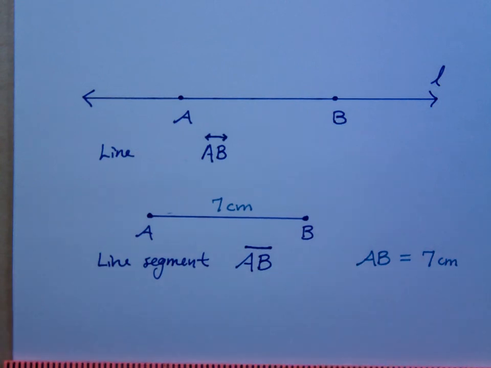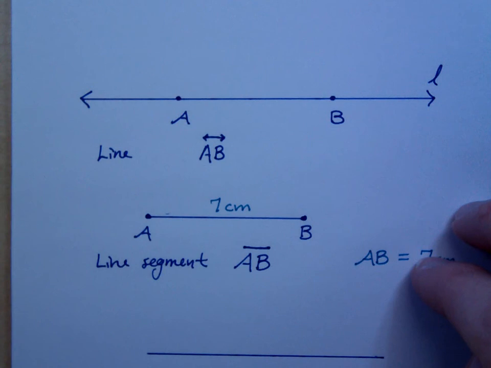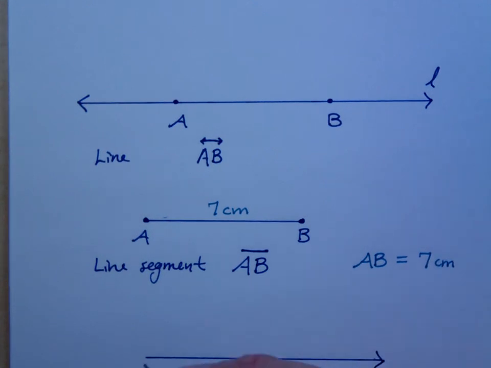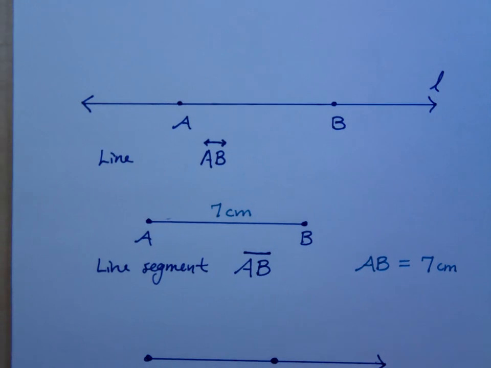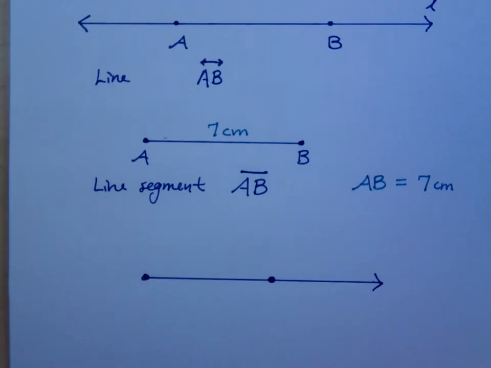Now, so here's a line and line segment. And if I were to do this, what is this shape now? Anybody know? It comes after dough, but before me. Ray, good job.